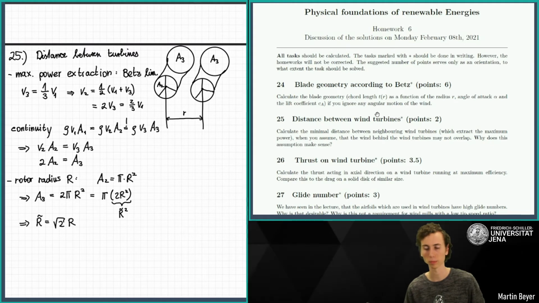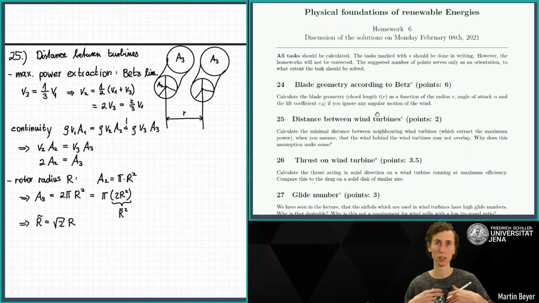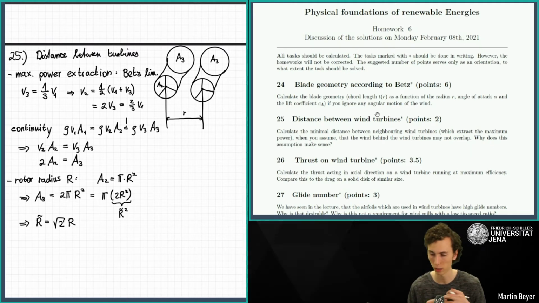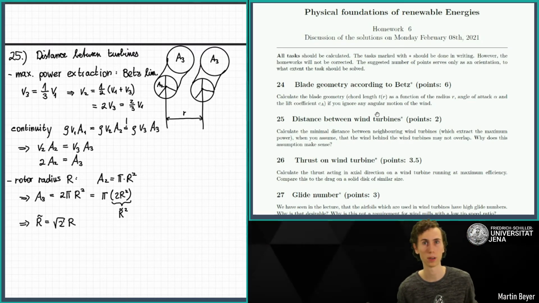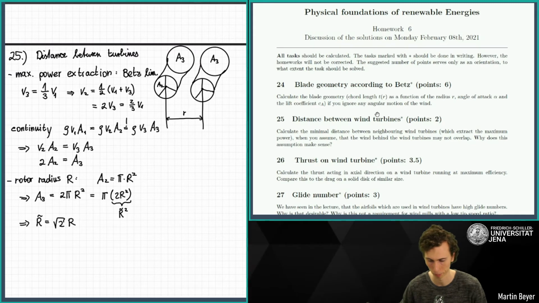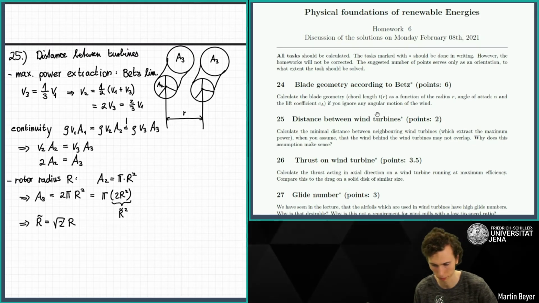Okay. And now we assume that using the distance of the wind turbines, the areas far behind do not overlap.